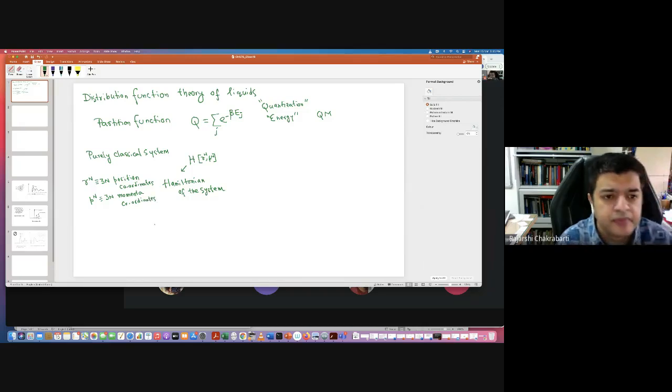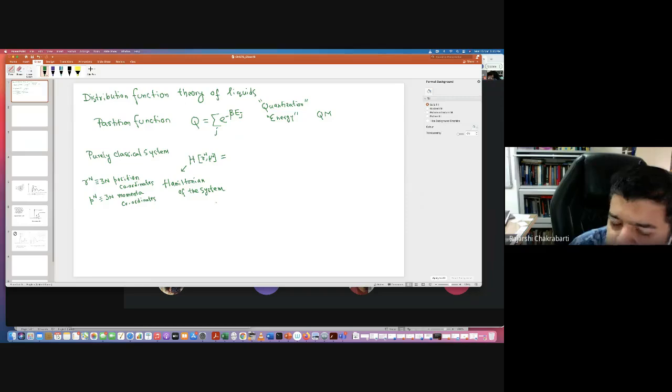Is this fine? Formally, if I write down the Hamiltonian of the system, it has to be kinetic energy plus potential energy, isn't it? Kinetic energy, I'm writing it as capital K. This is my notation. It is a function of only momentum, isn't it?